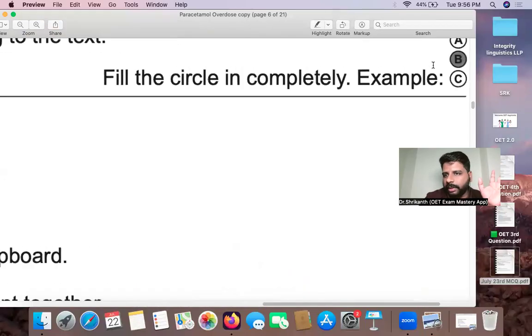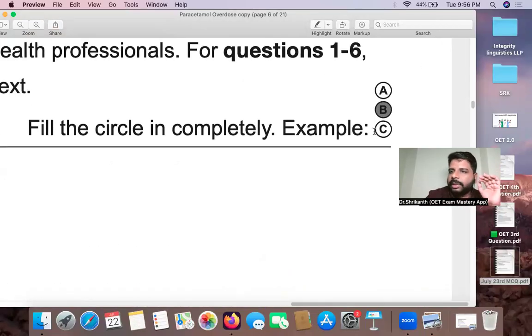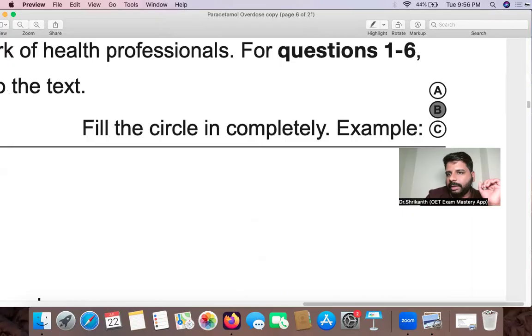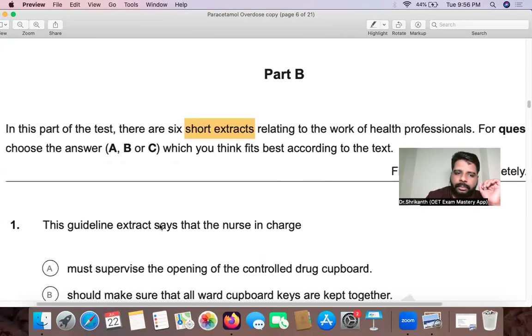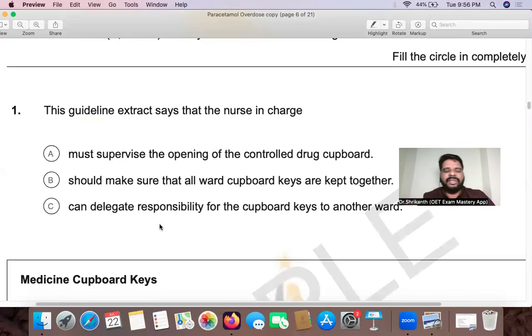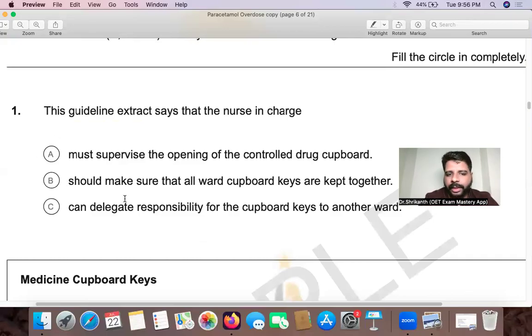As you can see over here, this is how you have to shade the correct answer with your pencil. Just like I mentioned in yesterday's class, you can underline, you can highlight, you can do whatever you want. The area where you're highlighting the answers, make sure that area is kept very neat.